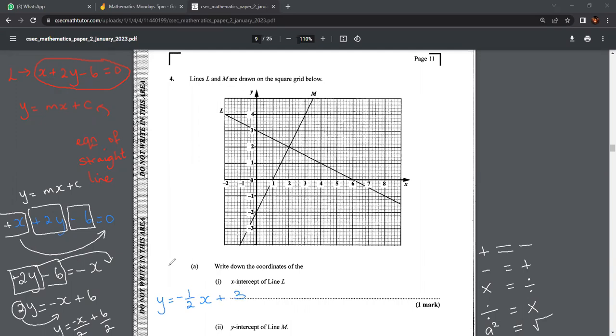So L, this fancy thing that they gave us that we're not too familiar with, because we're accustomed to our equations being in the form of y is equal to mx plus c, is the same thing as y is equal to negative a half x plus 3.